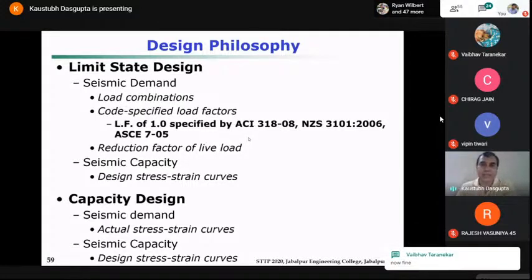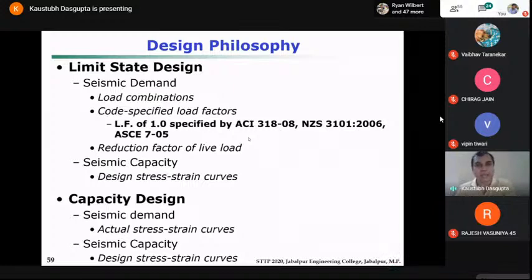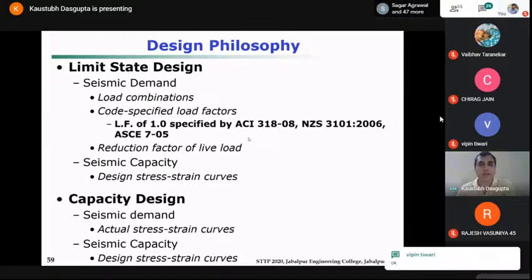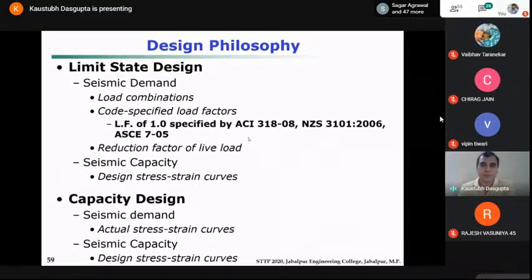When you do the design, you follow the same IS 1893 part 1 load combination and IS 456 2000. The conventional structural design is the same as we discussed yesterday. And when you do the capacity design, you have to use the actual stress strain curve. But your design stress strain curves also give us a lot of insight.